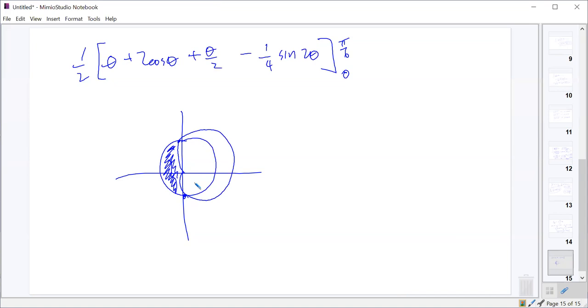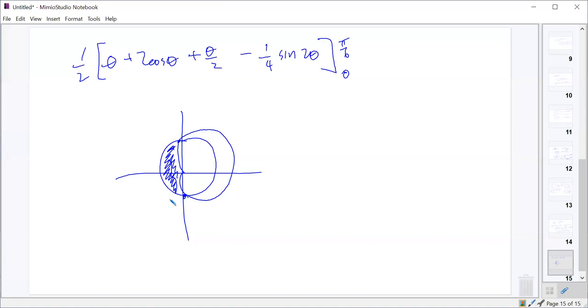And oftentimes, for example, for this one, let's suppose this was a circle and this was a cardioid. If we're looking for the area that's inside the circle but outside of the cardioid, we could just find the area of this full semicircle here and then subtract off the area of the cardioid, which is just these two little slivers there.